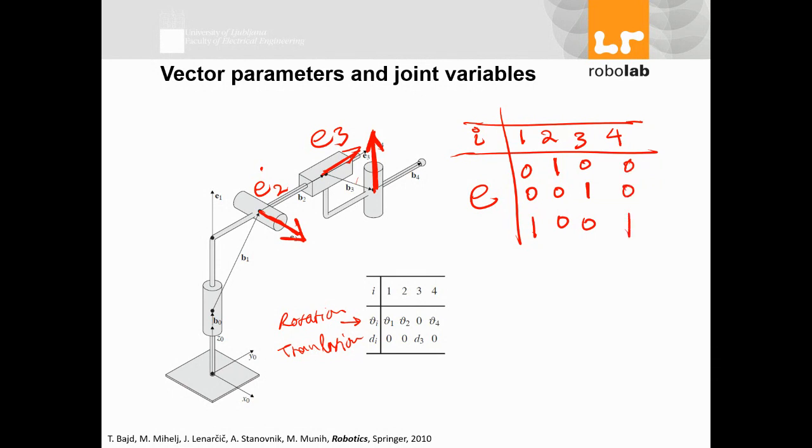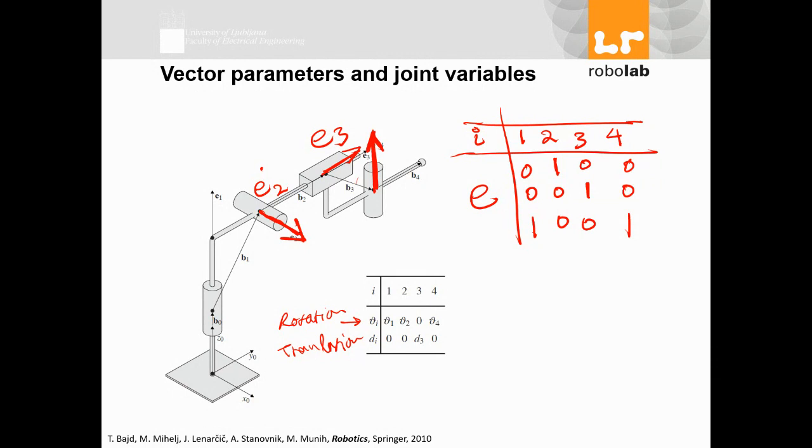So first, I figured out what kind of variables or movements I have at each joint. Is it rotation or translation? Then I made it clear what my vectors are. So these 2 steps are super easy, right?